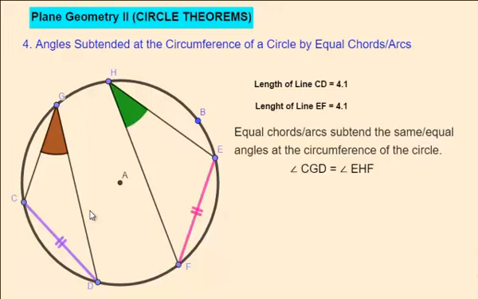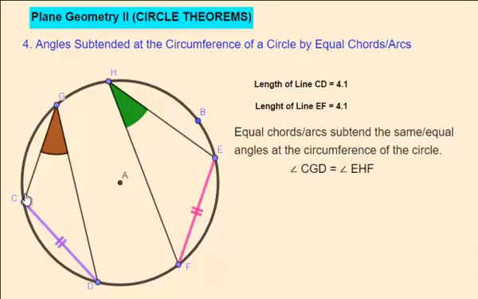What the property is saying is that when we have equal chords subtending angles at the circumference of the circle, like you see the beautifully colored angles, then they are equal, and this has been proven.